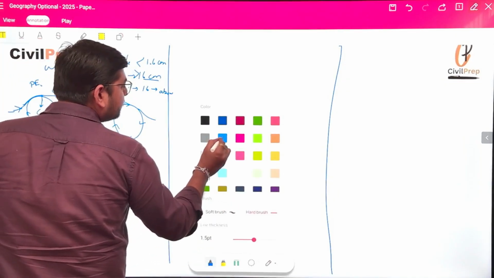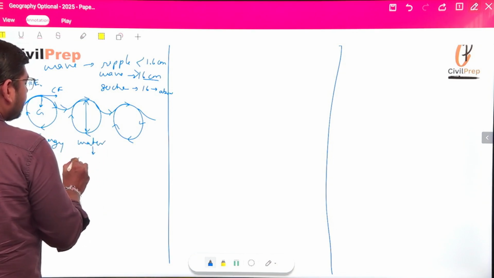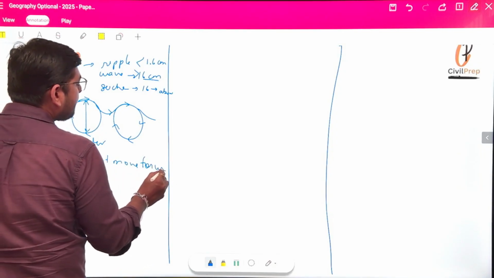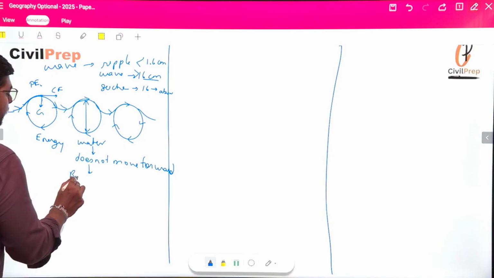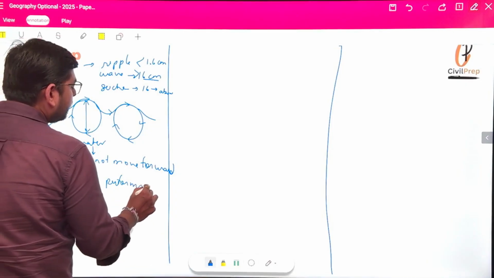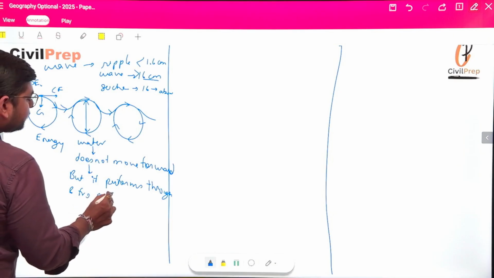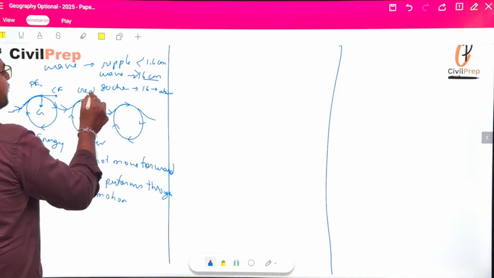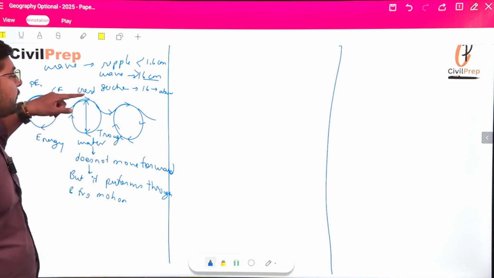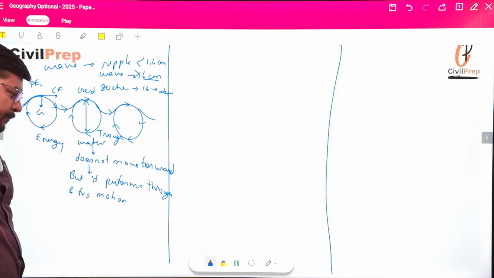And the water present in the column does not move forward, but it performs a to and fro motion between the crest and trough, and the energy is moving in the forward direction. So they are also called progressive waves here.